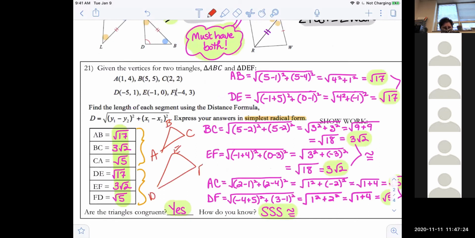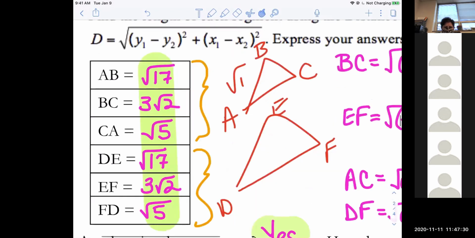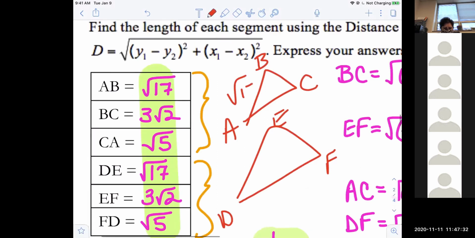And you just showed that AB is square root of 17, and so is DE. So those are congruent. And then you showed that BC was 3 root 2, and so is EF. So these are congruent. And then the last segment, that one is square root of 5, and this one is square root of 5. So the triangles are congruent by side, side, side.